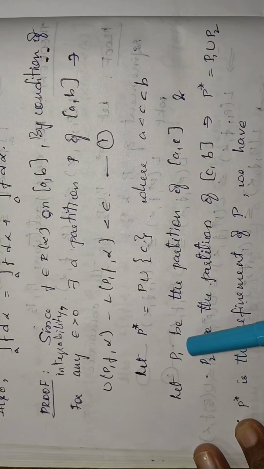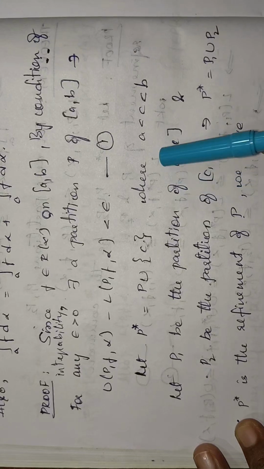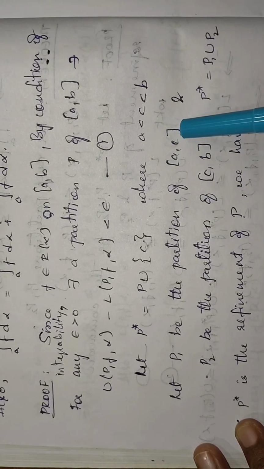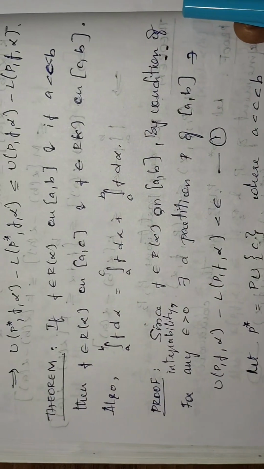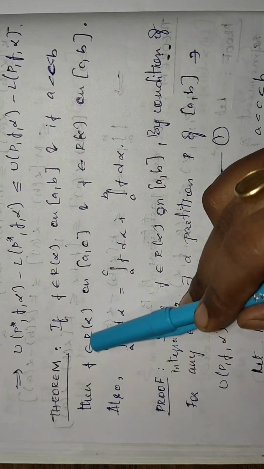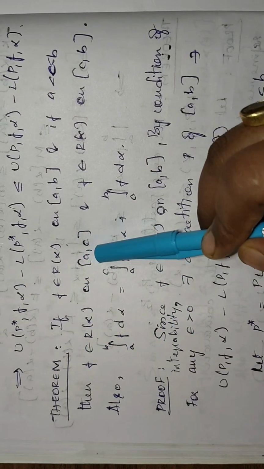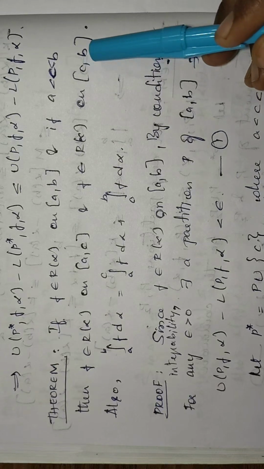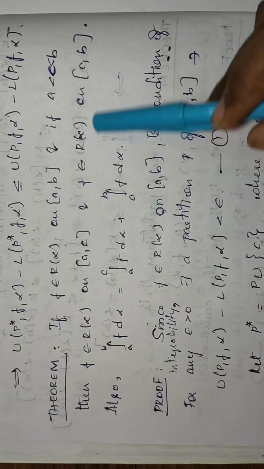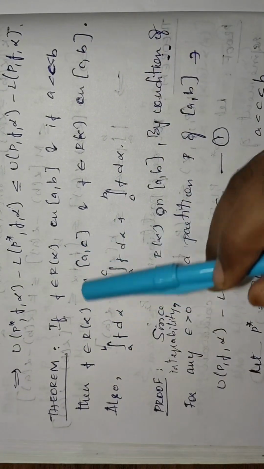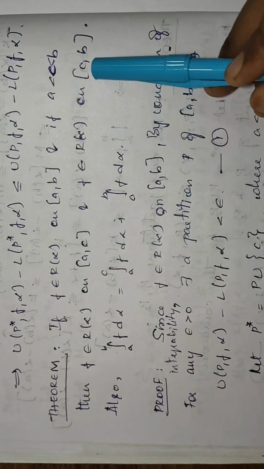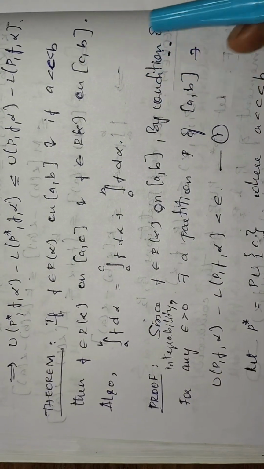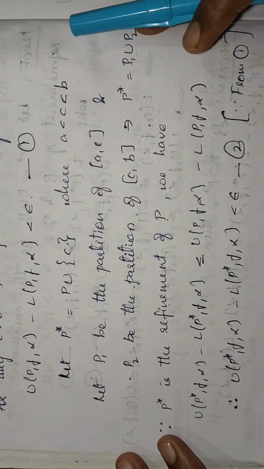We need to prove f belongs to R of alpha on closed interval AC and f belongs to R of alpha on closed interval CB. So I need to consider two partitions, one for each interval.